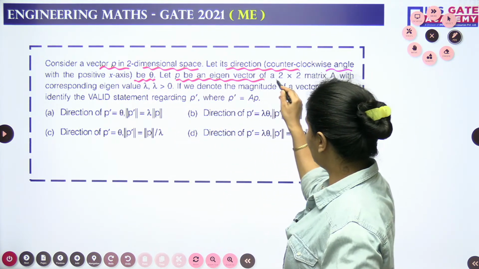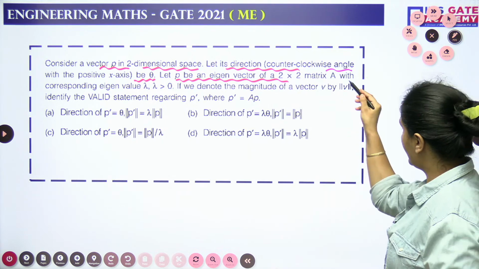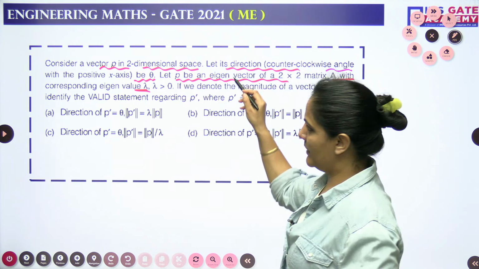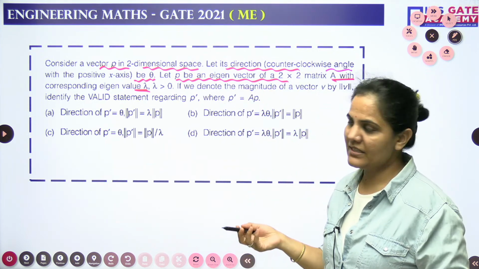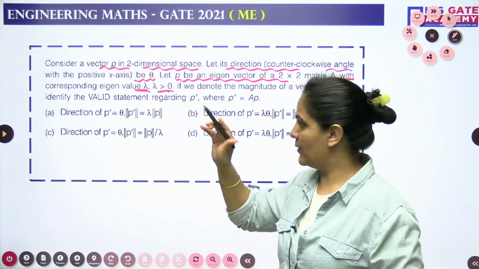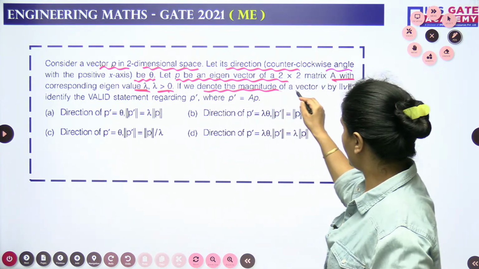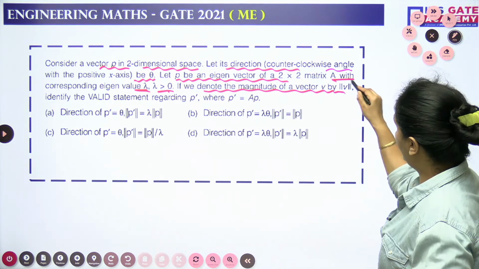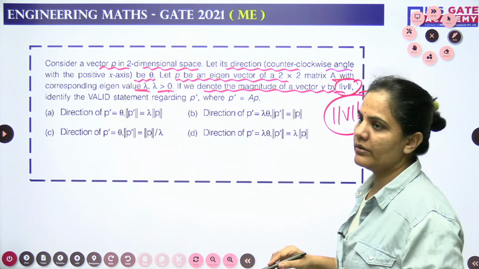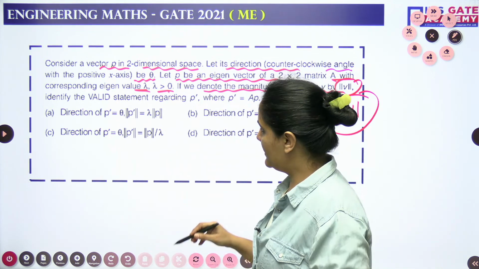Let P be an eigenvector of a 2 cross 2 matrix A with corresponding eigenvalue lambda, where lambda is greater than 0, so the eigenvalue is positive. If we denote the magnitude of a vector V by this sign, you can also write it as a norm.